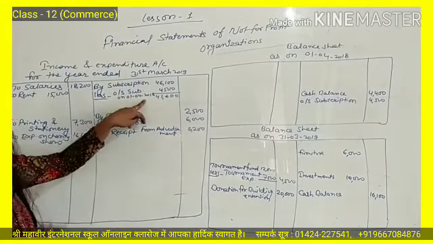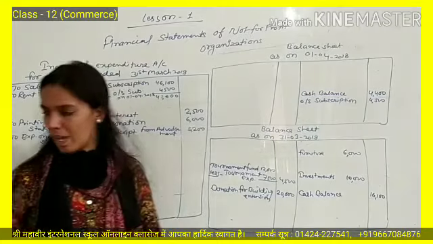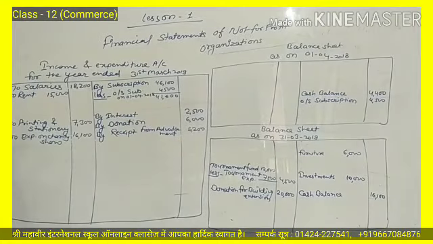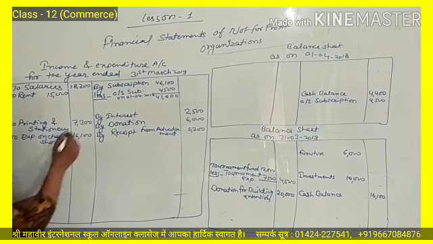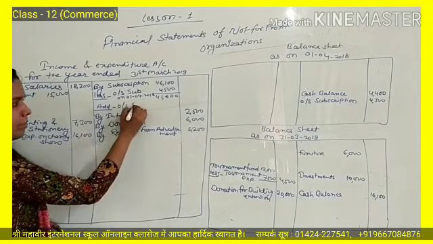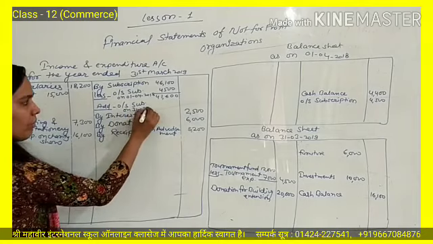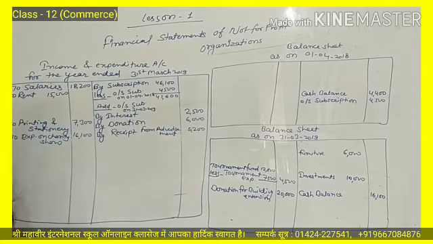So 4,500 is deducted from here, and the second one will be shown in last year's balance sheet. 31st March 2019 was 6,000. This is the outstanding of the current year, so it will be added: outstanding subscription on 31st March 2019, amount is 6,000.